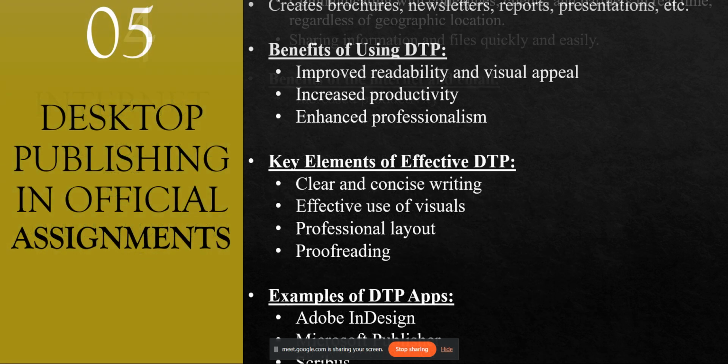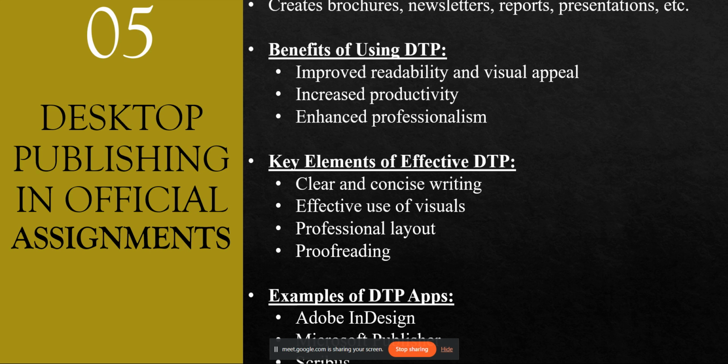And then we moved on to number 5, which was desktop publishing in official assignments. And we talked about the creation of things like brochures and flyers, using desktop publishing applications like MS Publisher, Microsoft Publisher. We talked about the key elements, which are basically repeating themselves, because there are things like being clear and concise, being professional.